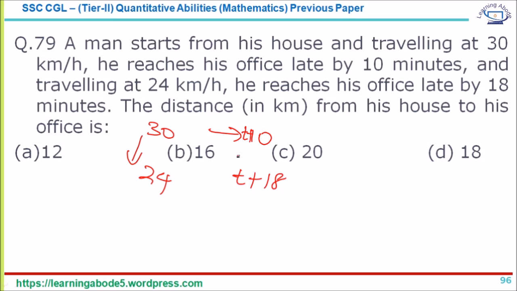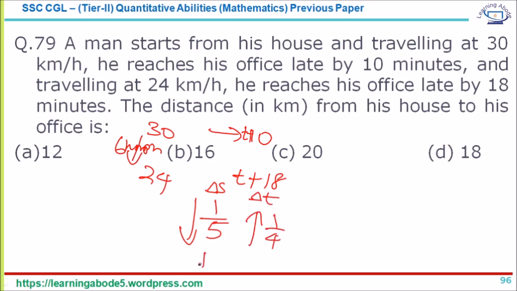Now the time has increased. One of the quick ways to solve this: the reduction in speed is 6 km per hour, which as a fraction is 6 out of 30, which is 1 out of 5. If the change in speed is 1 out of 5, the change in time would be 1 out of 4.